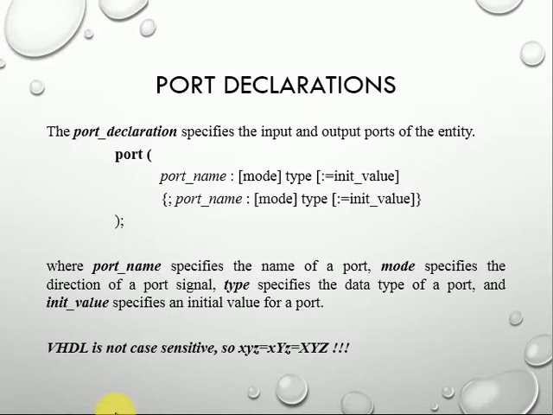Okay, so the syntax for that is port, that is the keyword again, then a bracket, and in the bracket you need to write the port name, colon, then the mode of that port, so you need to specify the port mode, and after that the signal type.